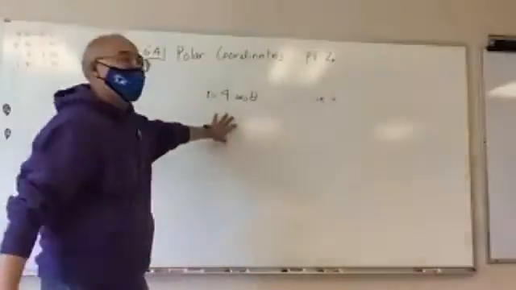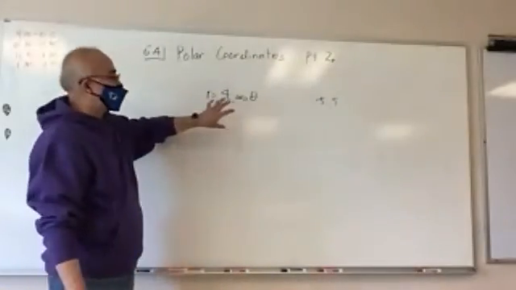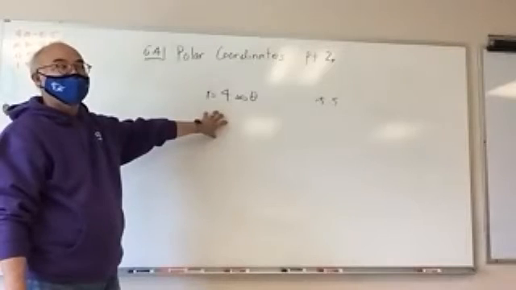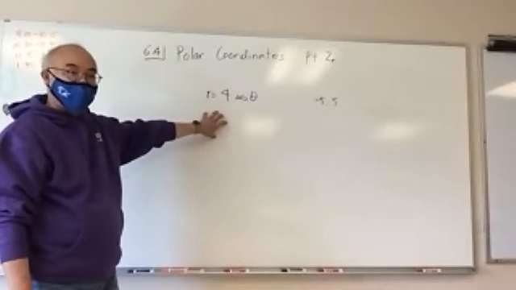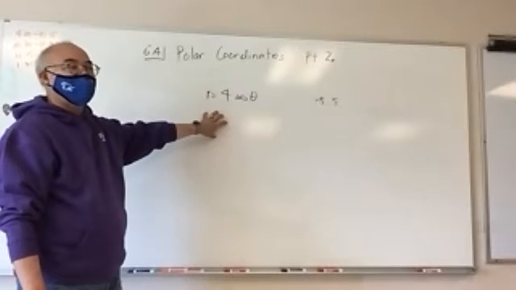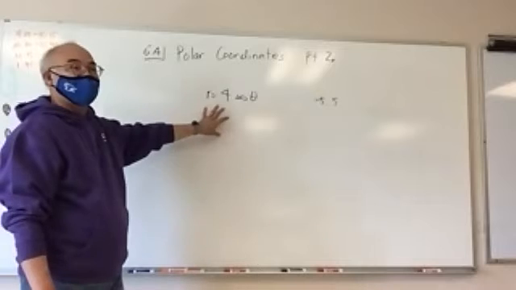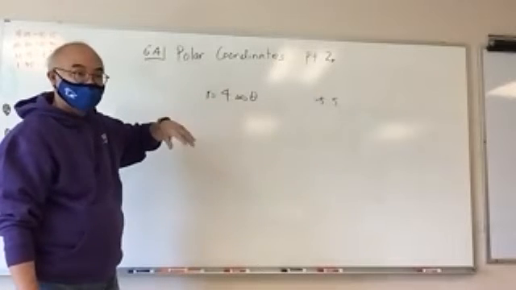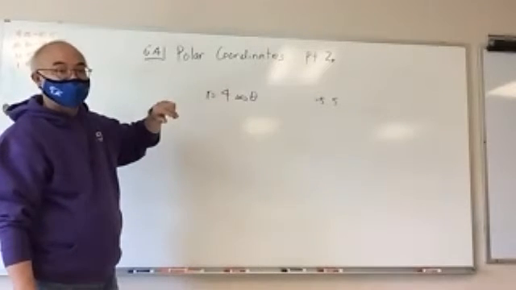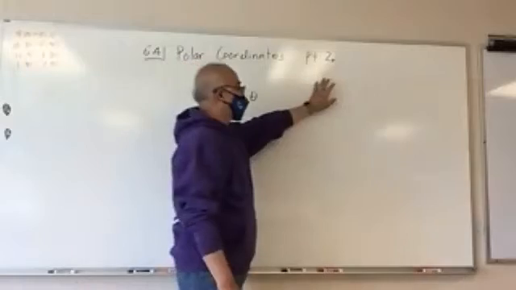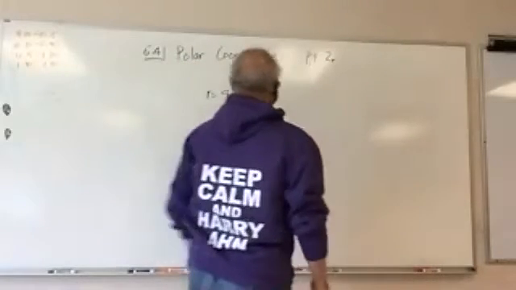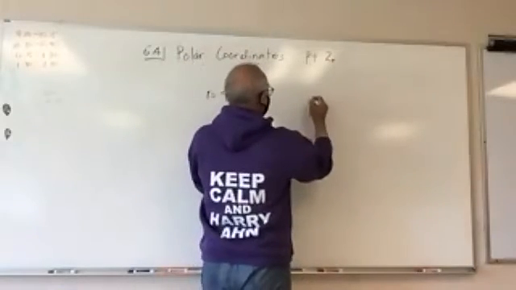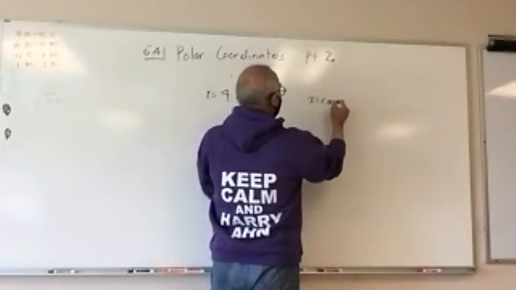Okay, so it's a circle. So you are going to expect when I change this into rectangular coordinates, you would get a circle's equation. Okay, so let's see how we do this. What do we know? We know that x is equal to r cosine theta.